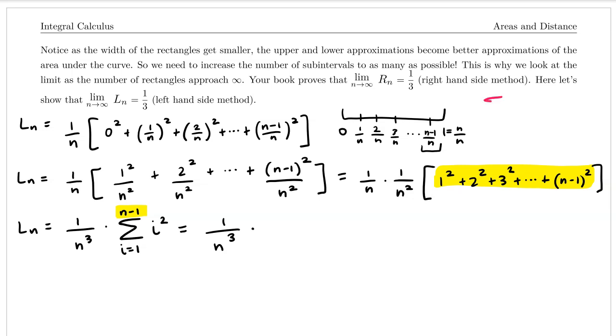So off to the side here, I'm just going to remind us that the theorem says if we have the summation from i equals 1 to n of i squared, that is equal to n times n plus 1 times 2n plus 1 over 6. So instead of plugging in n into this formula, we need to plug in n minus 1.